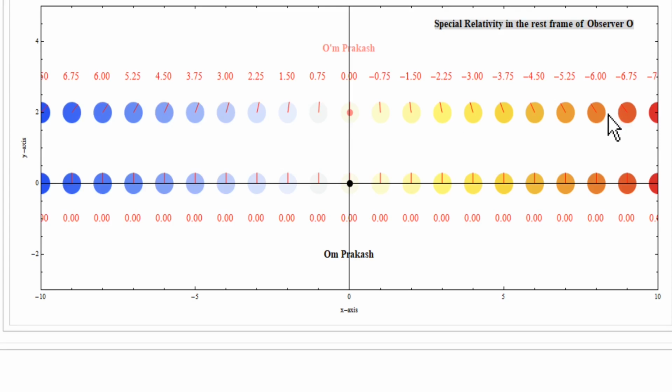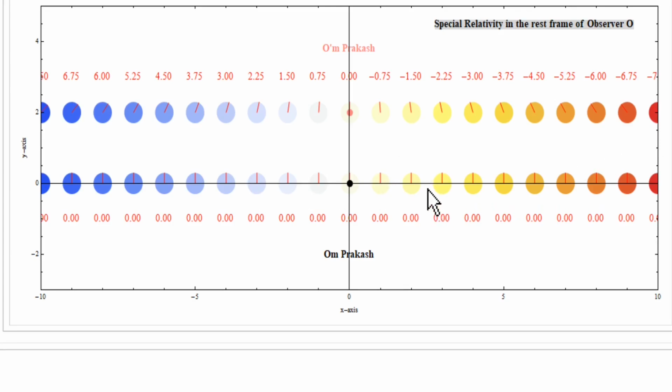So, to recap, if we go into the frame of the train, we would expect to see that the observers on the train see a larger separation between each other, and they see a smaller separation between the friends on the platform.